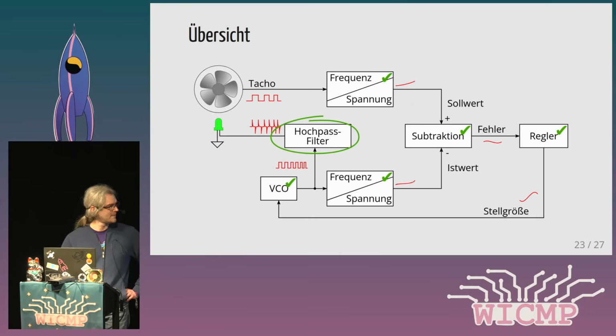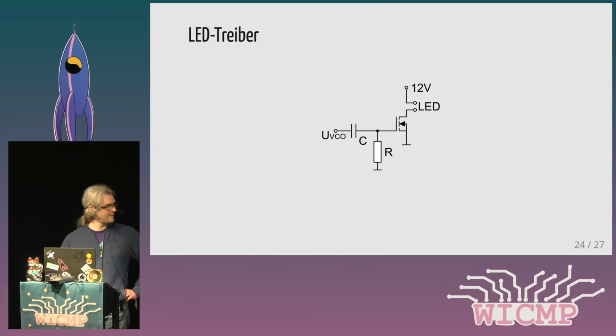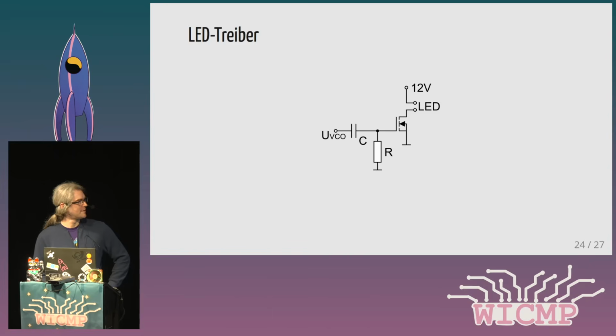And last but not least, the high-pass filter or the LED driver. That's not very spectacular. It looks like this. We have 12 volts and a MOSFET, which turns the LED on and off, and a high-pass filter in the very front.